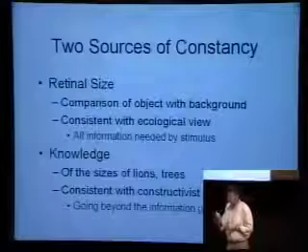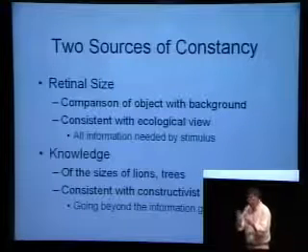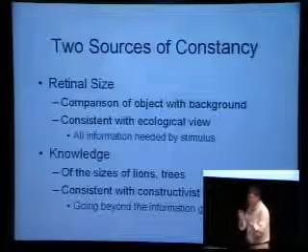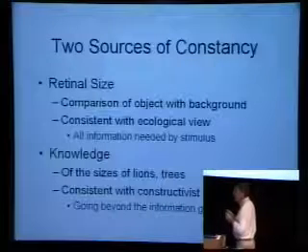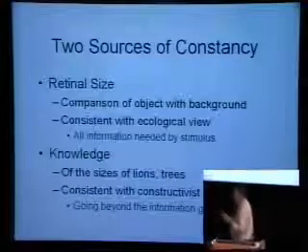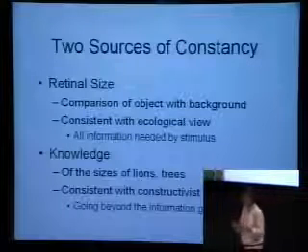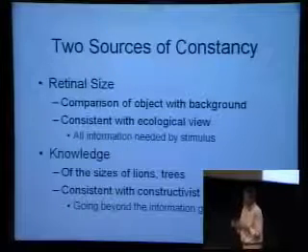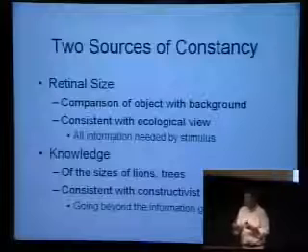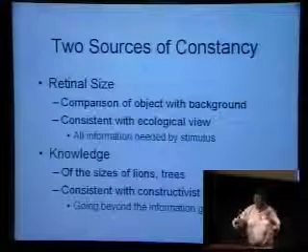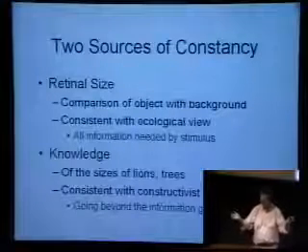And if you think about it for a second, the comparison of the object with its background, those kinds of unconscious inferences are actually consistent with the Gibsonian view, because what Gibson says is that all the information you need for perception is provided by the entire pattern of stimulation.